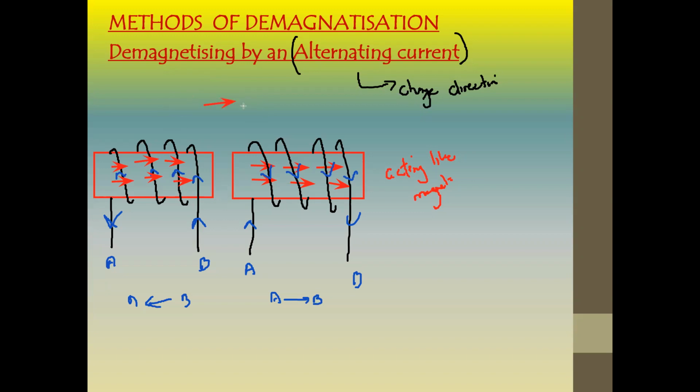As these domains are vibrating continuously due to the change in current, their arrangement will be disturbed. As the arrangement of the domains is disturbed, what will happen to the material? This material will be demagnetized, or it won't behave like a magnet.